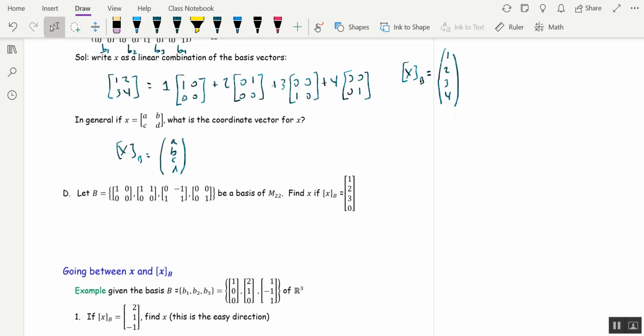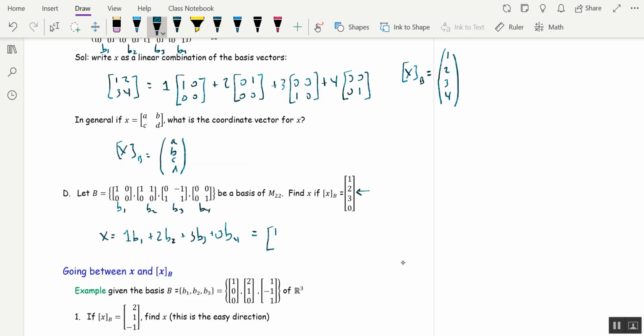Okay, now let's go in the other direction. Suppose we're given that the coordinate vector is this, and we're given a basis, and we want to find x. Well, if I call this B1, this B2, B3, and B4, when I'm told that the coordinate vector is (1, 2, 3, 0), that's telling me that x is equal to 1 B1 plus 2 B2 plus 3 B3 plus 0 B4.